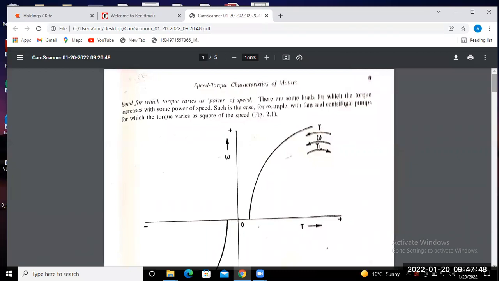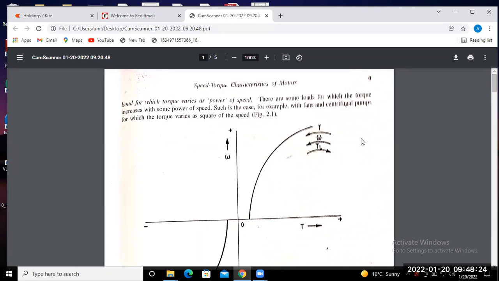We are talking about load torque, not the electromagnetic torque developed in the motor. So concerning this point, the load torque either may be constant or practically independent of the speed of the motor, or vary with some power of the speed. So if you consider the fan load torque, that means the square of the speed. So this is the characteristic for the fan load.